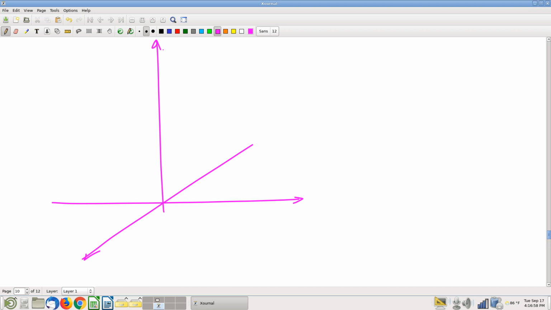This circle, when I draw it here, when it goes through that point, at that point, it needs to be going, remember, parallel to the x-axis. So it needs to be doing kind of like that. So as I draw this circle, when I get to here, it needs to be doing something like that.